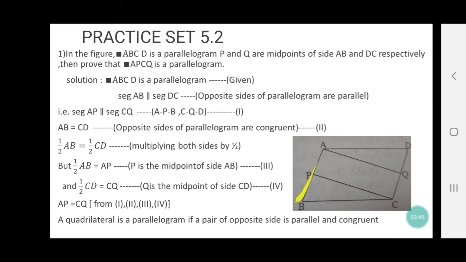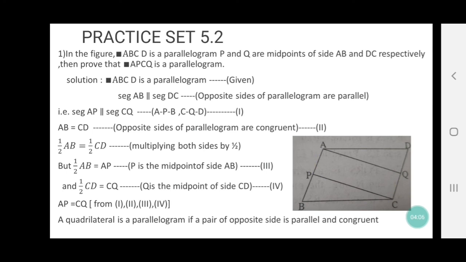So AB is parallel to DC. So half of AB will be parallel to half of DC, and half of AB will be equal to half of DC. What is half of AB? It is AP. Half of DC is CQ. So AP is equal to CQ, right?